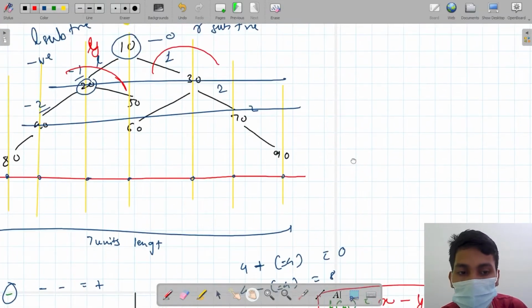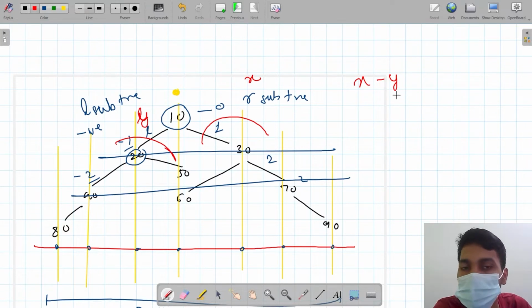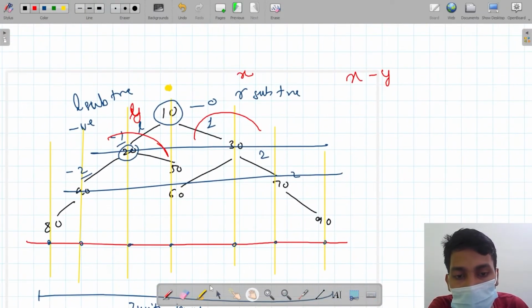Because y is my negative value, I have to subtract it. But just for now, for the sake of understanding how this is coming, let's say y is a positive value, so I have to add this to get the total distance.